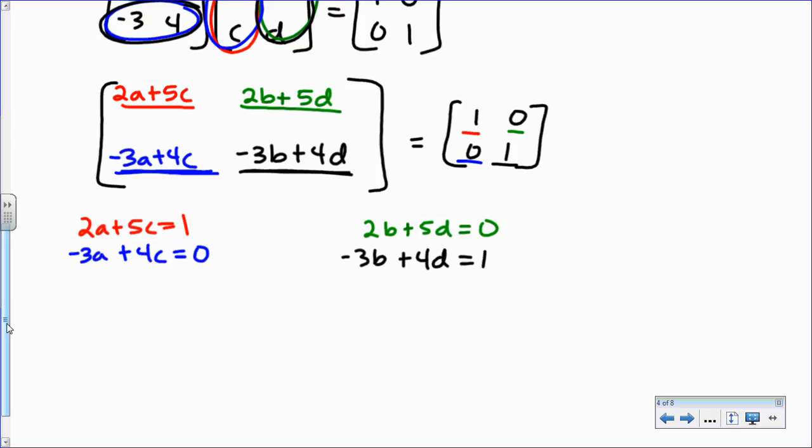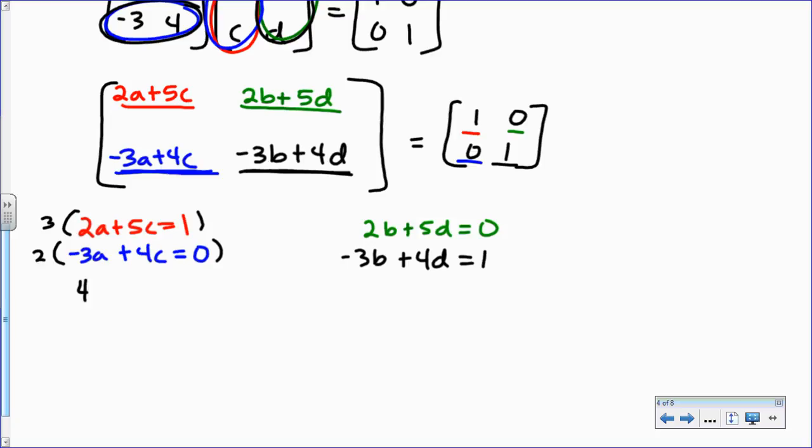We're going to do elimination, and we'll have to multiply both equations. Looking at the system for A and C, I'll multiply the top one by 3 and the bottom one by 2.